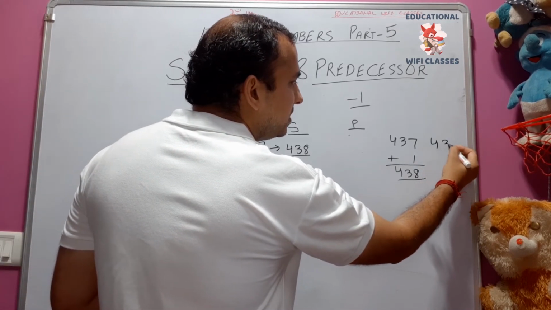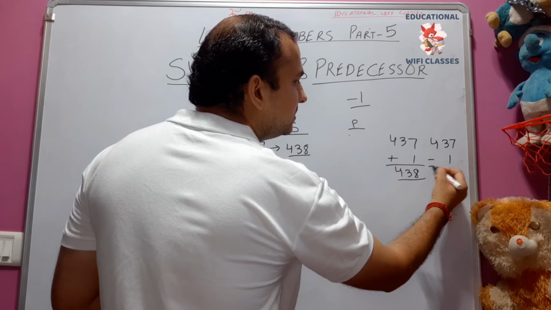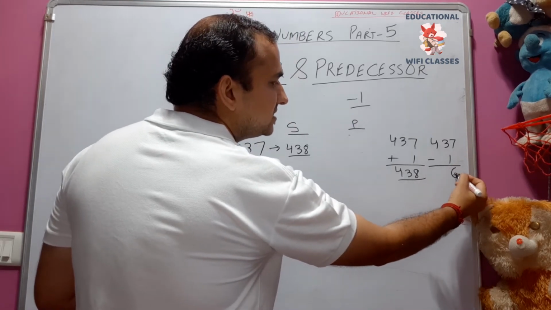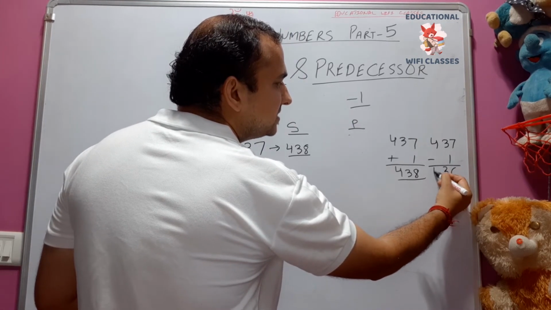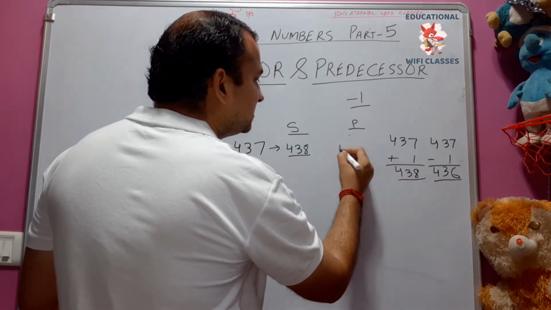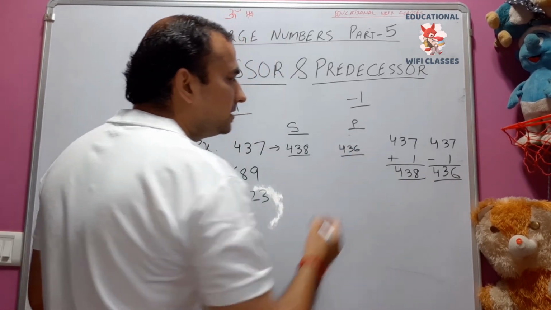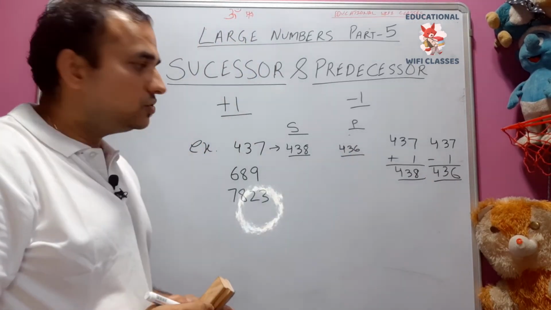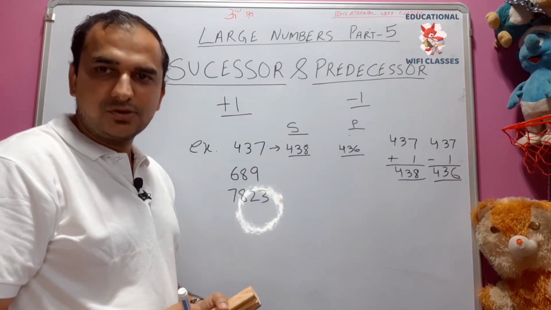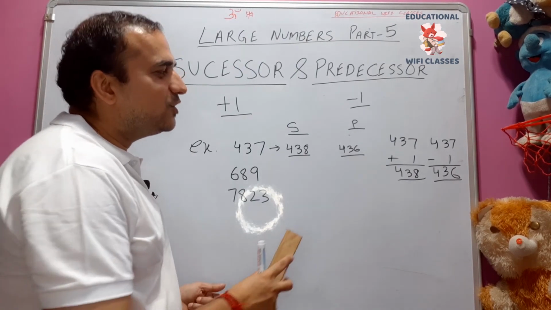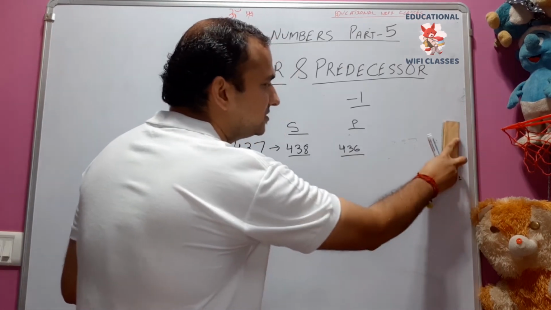The original number is 437 minus 1. So 7 minus 1 is 6, 3 comes down as it is, and 4 is here. So the answer is 436. If you got the right answer, then congratulations, you got the concept clear for yourself.